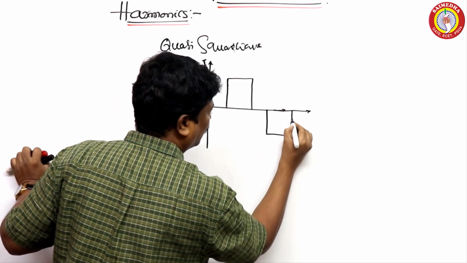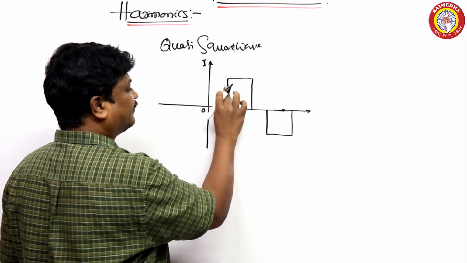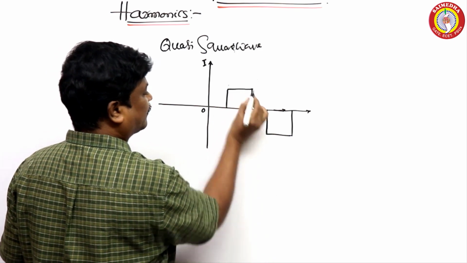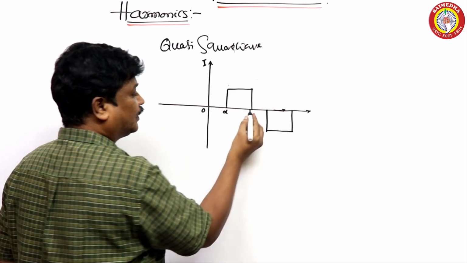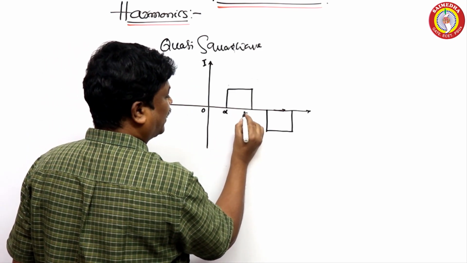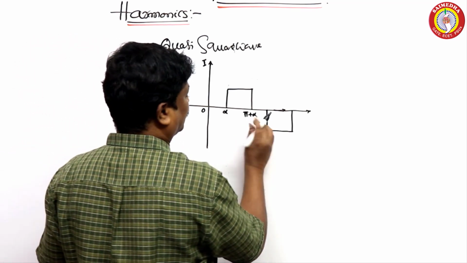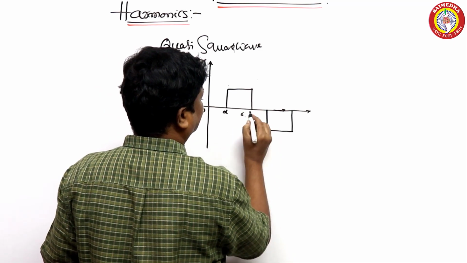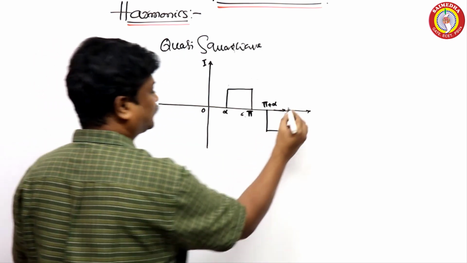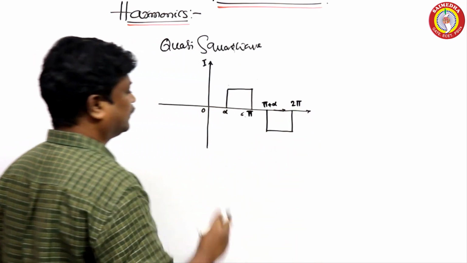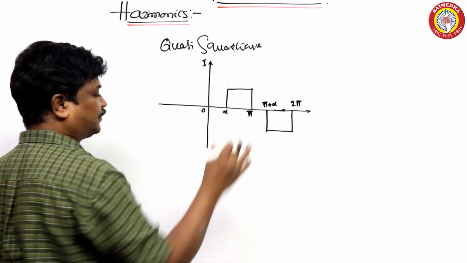This is 0, and it starts with some angle of delay alpha. This is alpha, this is pi, this is pi plus alpha, this is 2 pi. So from alpha to pi it is positive, and from pi plus alpha to 2 pi it is negative.